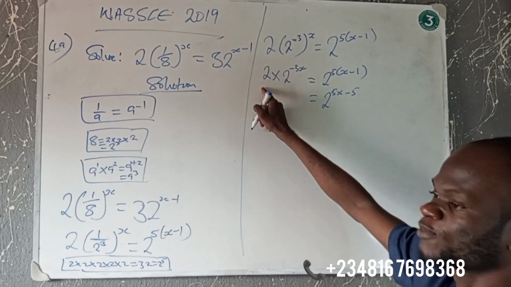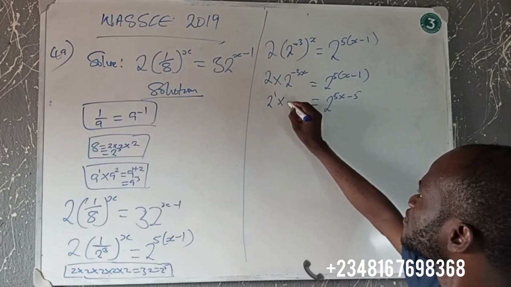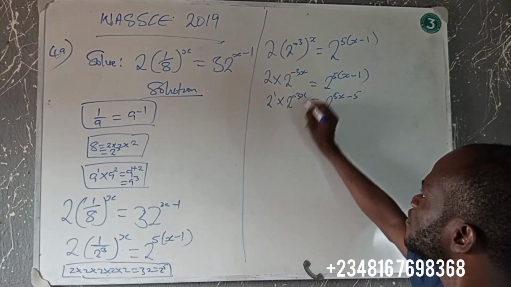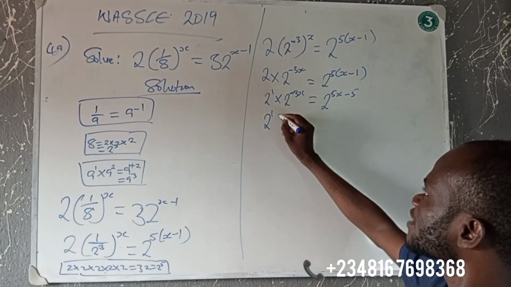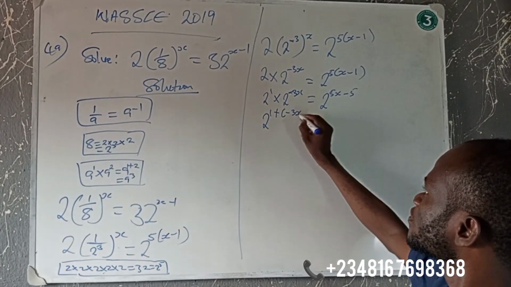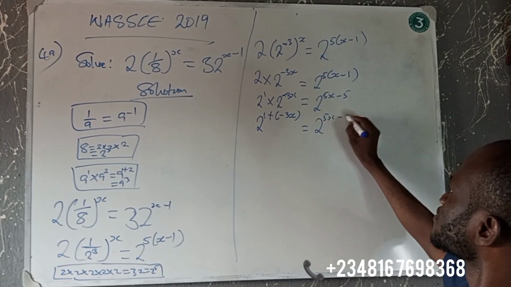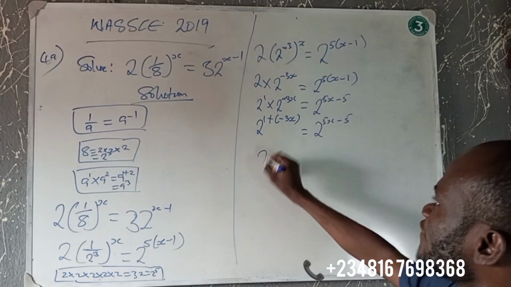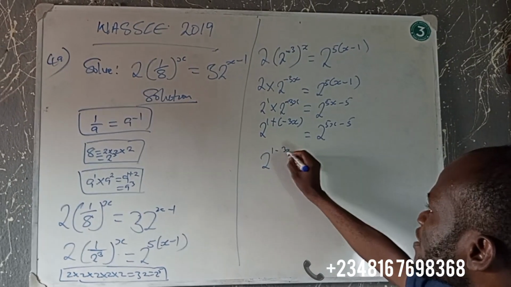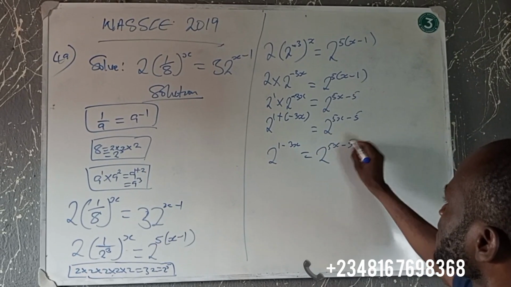And when I have 2 raised to power 1, it's the same as 2. So what I have here is this, and this is the same as this plus, equal to 2 raised to power this. Plus minus is minus. So we have 1 minus 3s equal to 2 raised to power 5s minus 5.